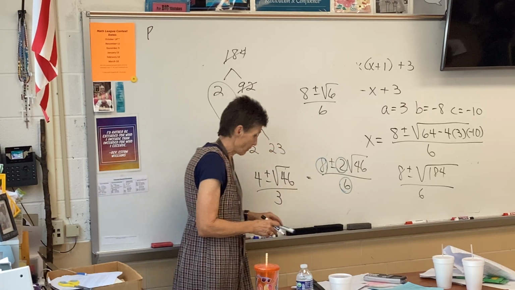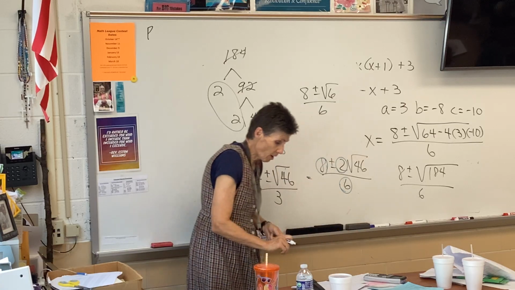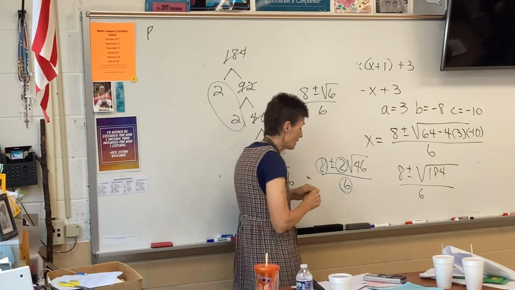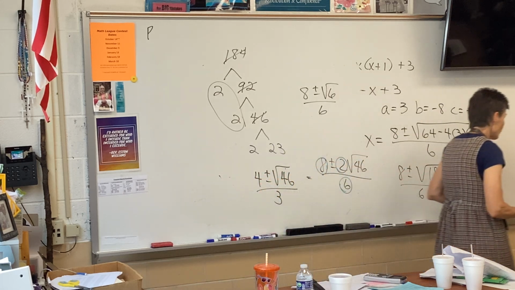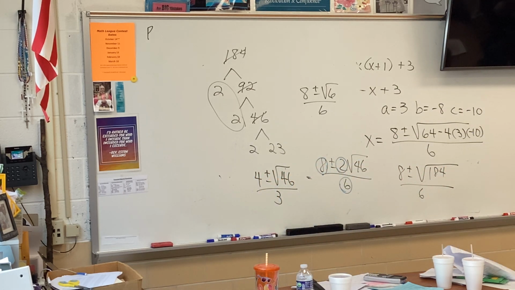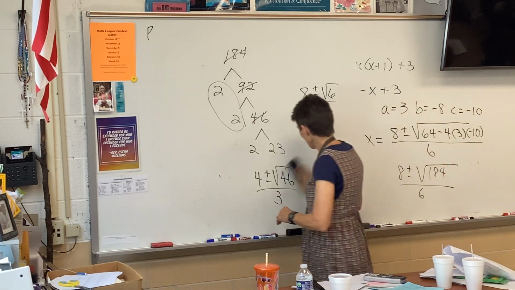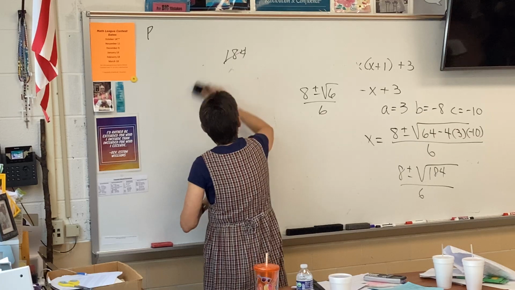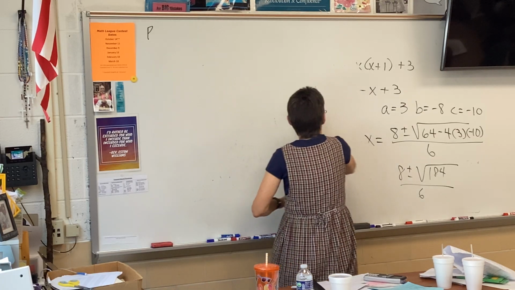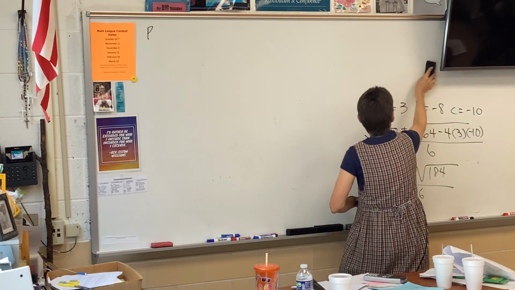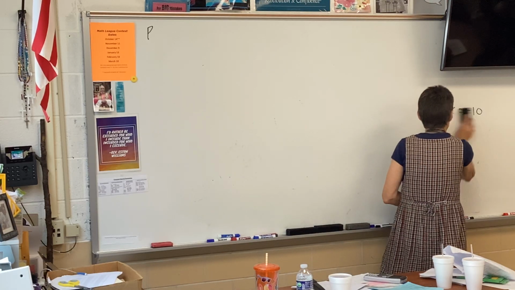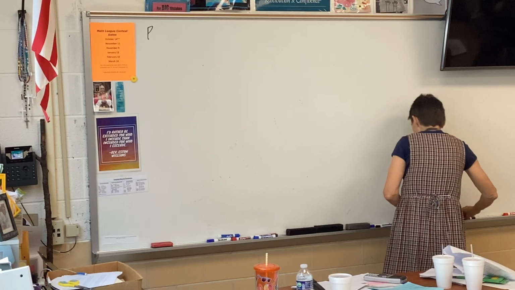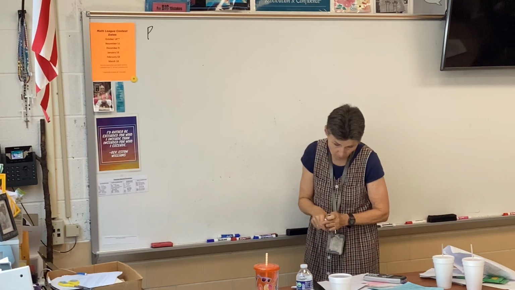With your partner, would you try doing the same thing with B and C? And I think I'm going to have to come to the board, because we can get them both out here. So you can come by yourself or you can come with a partner. You are using the quadratic formula, so you want to get your equation equal to 0 first.